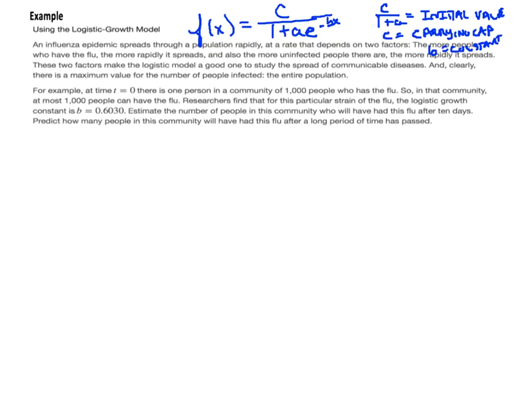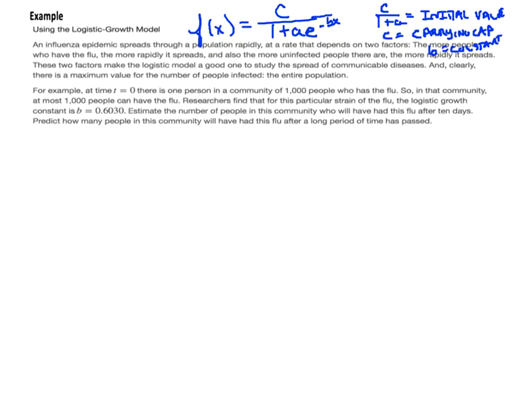So this is why we use a logistic model to study the spread of communicable diseases. And clearly there's a maximum capacity or a carrying capacity because the only amount of people that can be affected are the amount of people in that population. So here's the situation that we're given to look at.